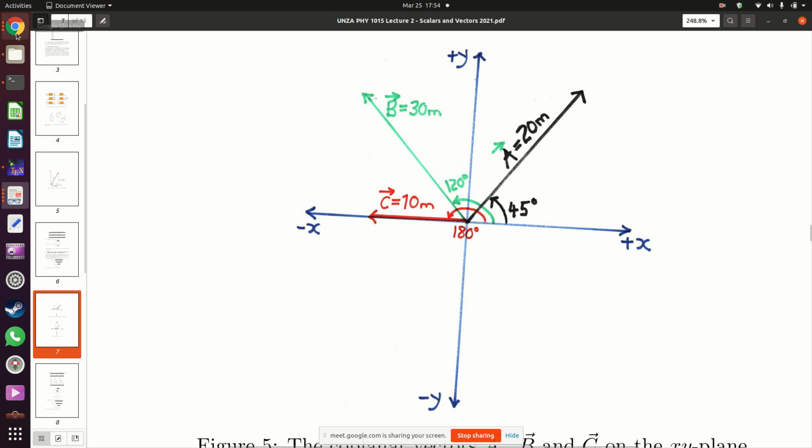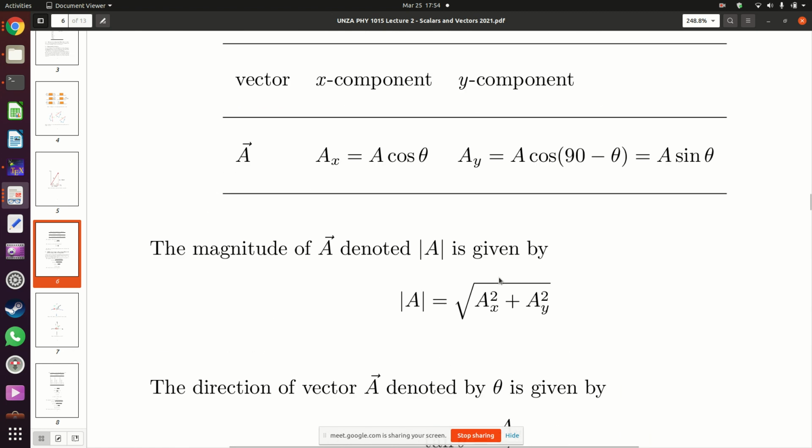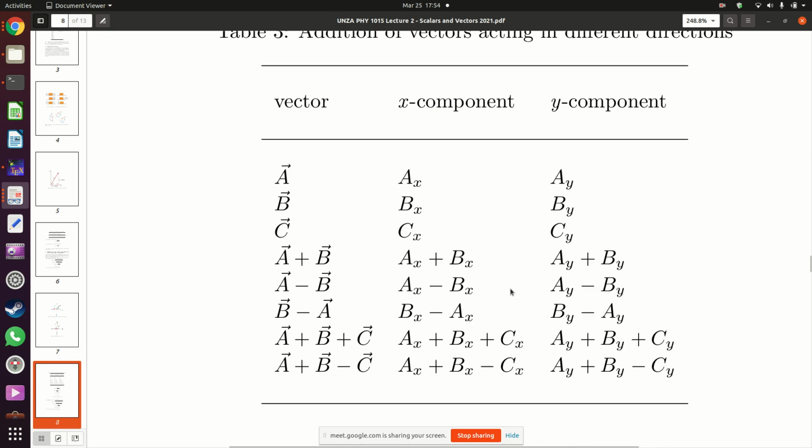Okay, so that being the case, like we did here, the next thing is for A, B, and C, we need to find the x component and the y component: the x component for A, the y component for A, the x component for B, the y component for B, the x component for C, the y component for C. We need to find those.